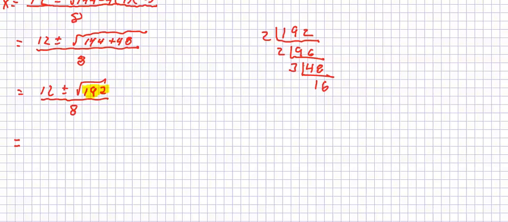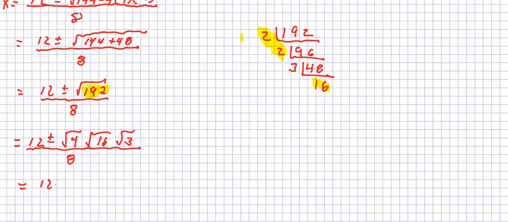Or I could have continued dividing by 2, and I end up here with 12 plus or minus the square root of, here I have a pair of 2's, so I have square root of 4. I have my 16 right here, square root of 16, and the 3 that's left over also is in a square root, all over 8.